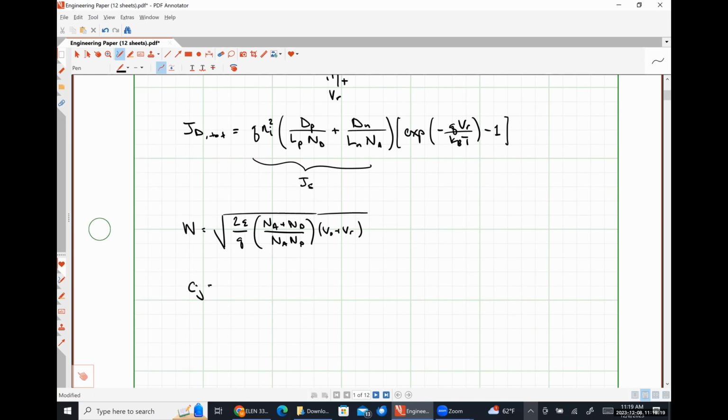Our reverse bias junction capacitance is going to be our unbiased junction capacitance divided by this quantity: 1 plus our reverse bias voltage divided by our built-in voltage, to the mth power, where m is what's known as a grading coefficient.